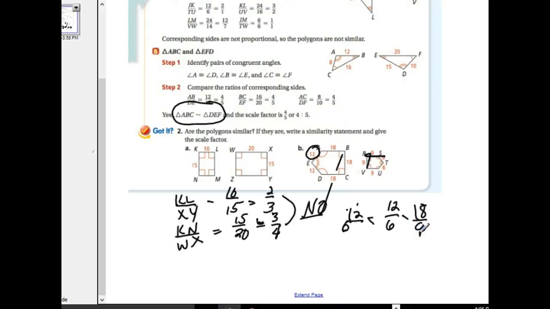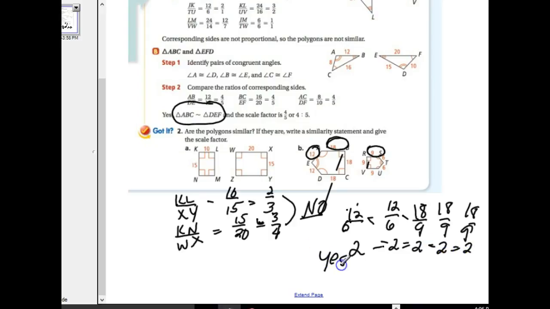If we go to the other side, that's another 18 to 9. And if we go to the top part, that's 18 to 9. So all the sides, if you look carefully, reduce down to a ratio of 2. Since they are all the same, the answer to this is yes.